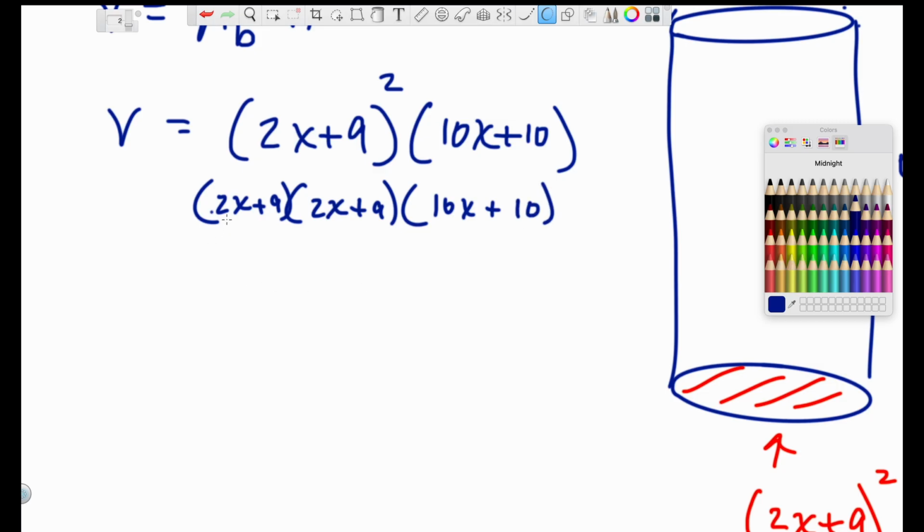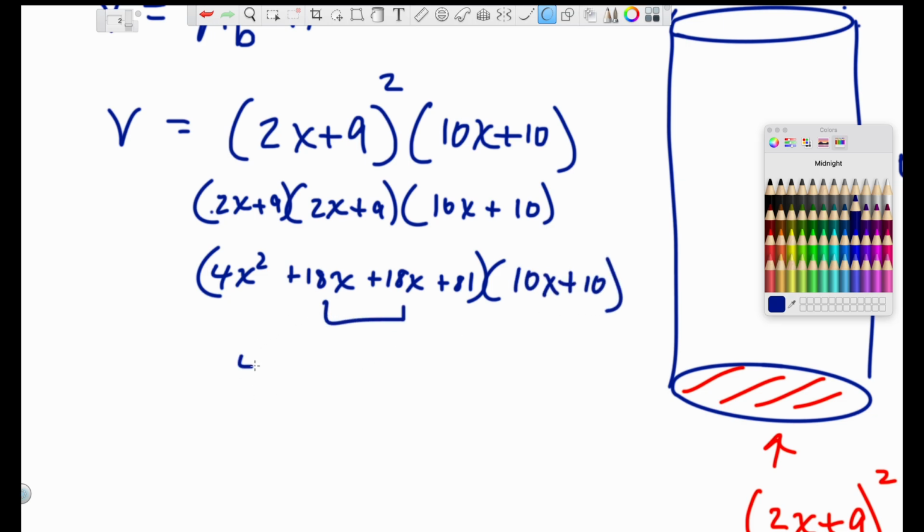I just FOIL it. First would be 4x squared, and then 18x is my outer. Inner is another 18x, and then 81's last. Put that all in parentheses. I'm still bringing down the 10x plus 10.